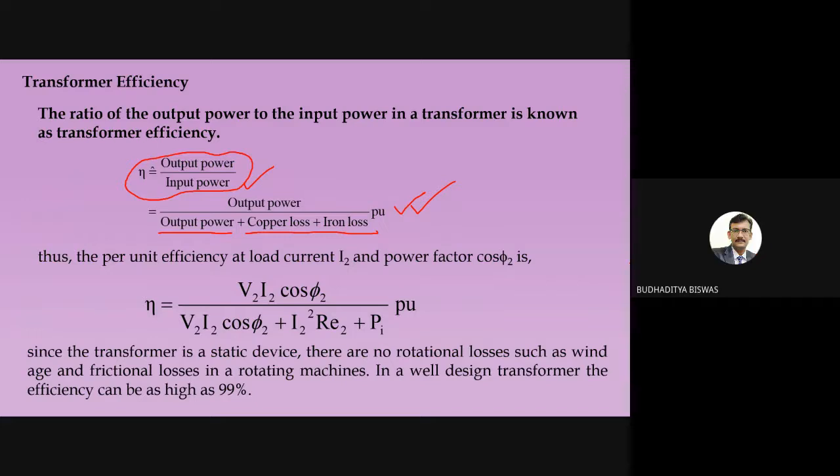So with the power factor cos phi 2, what should be the formula for the efficiency? Now you need to remember this formula, because I have written this in my transformer note, the PDF note, not the slides. This type of formula is there in the note, because when I was in Haldia, I needed to teach on a plain blackboard. At that time the facilities were not there to use PPT. So at the end of this chapter, I gave the students a useful formula list.